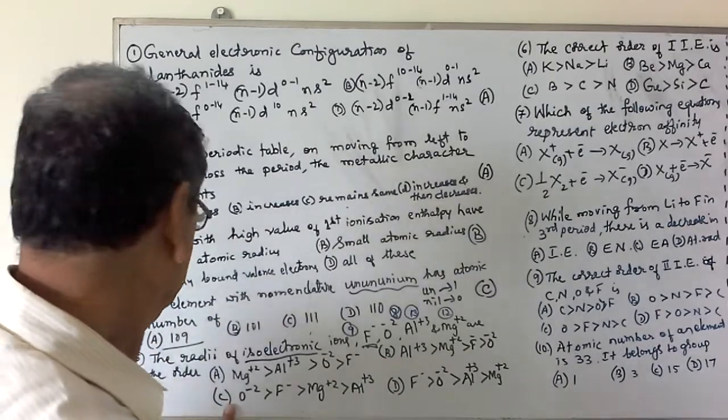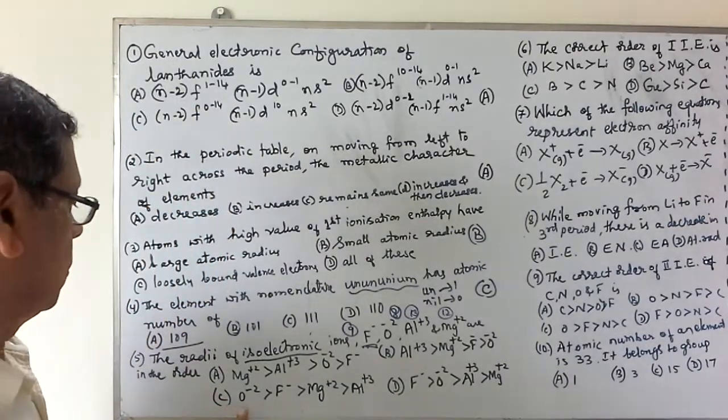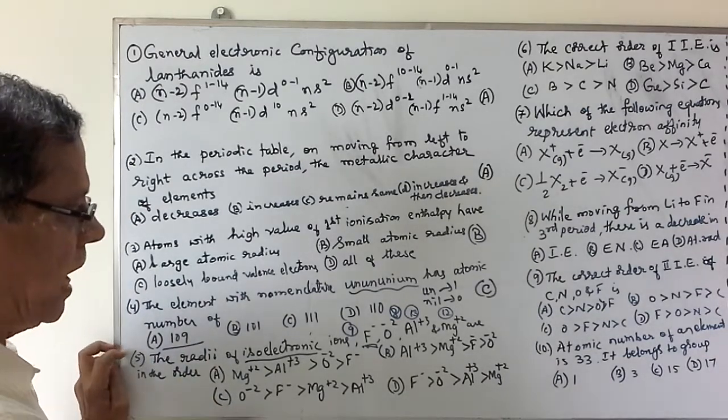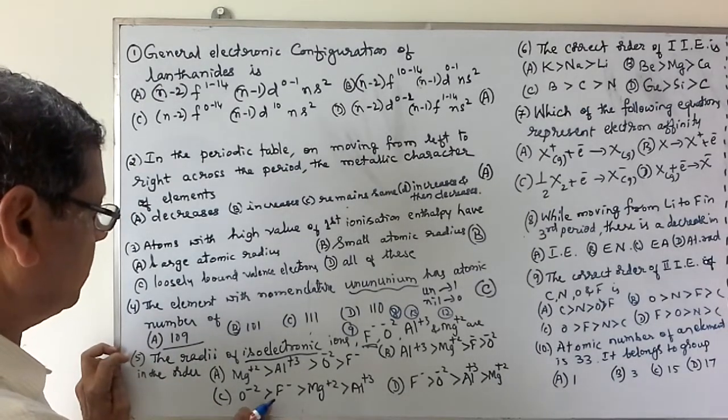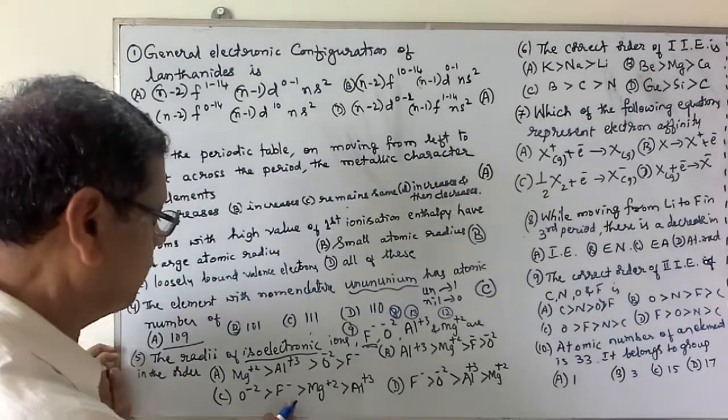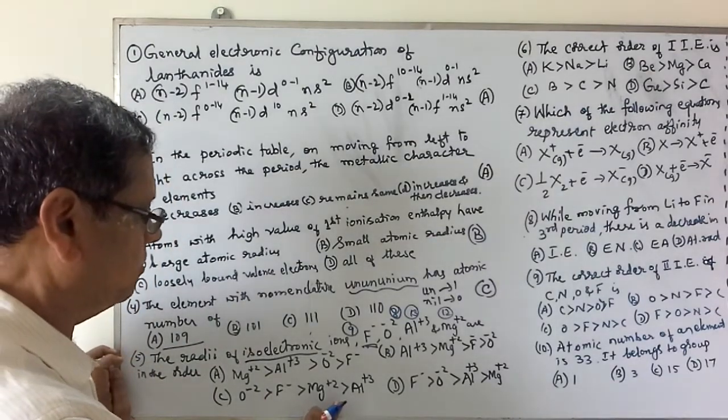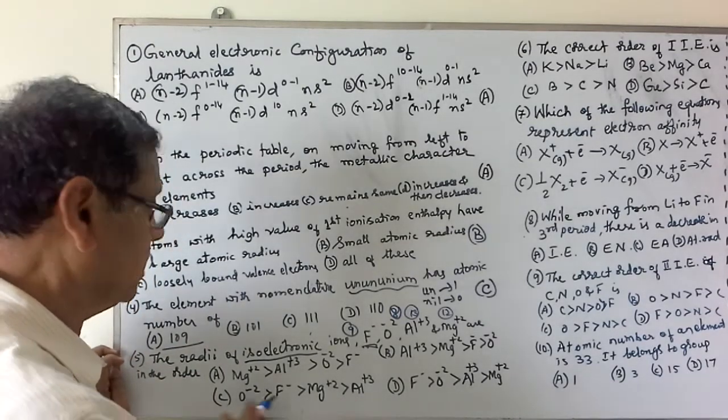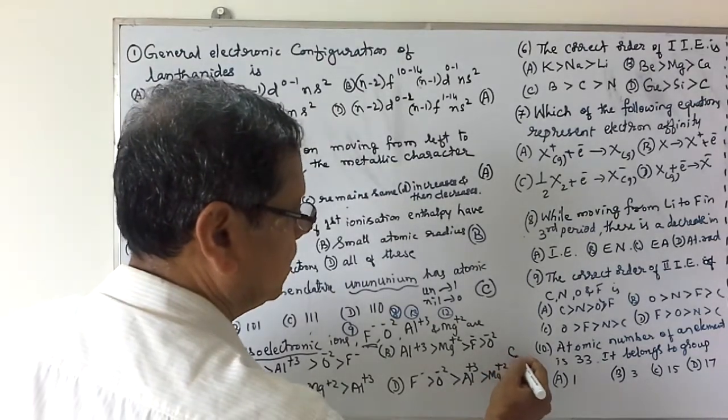O2 minus, having 8, must have the larger size as compared to F minus, Mg2 plus and Al3 plus. That's why the correct option will be C.